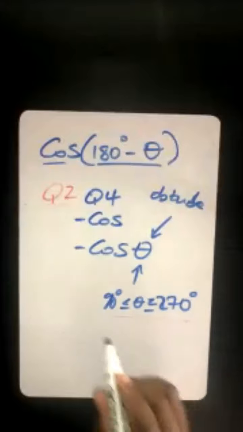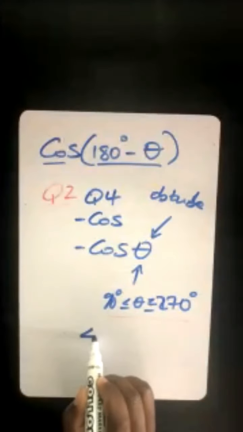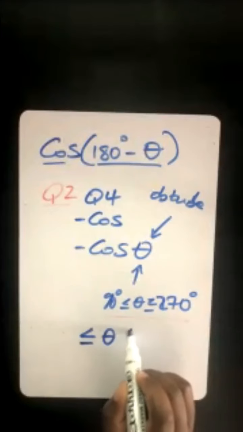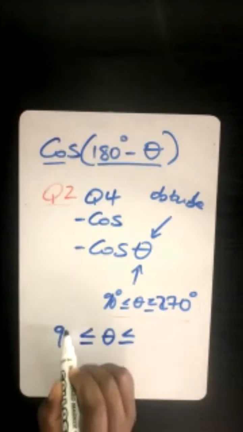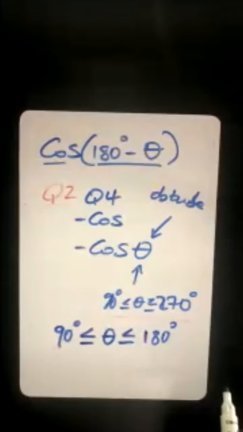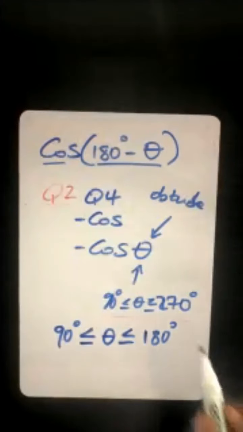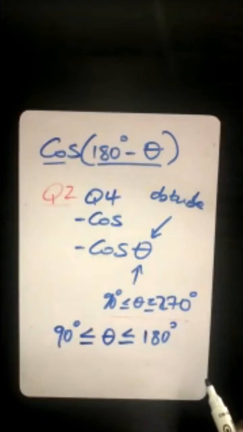Yes, 100%. So, 90 and 180. Guys, when you see something written like that, it means between. So between which angles you are right is between a 90-degree angle and a 180-degree angle. So what I said about that angle, am I correct or is it wrong?